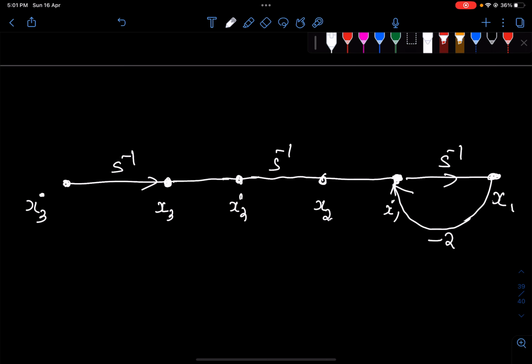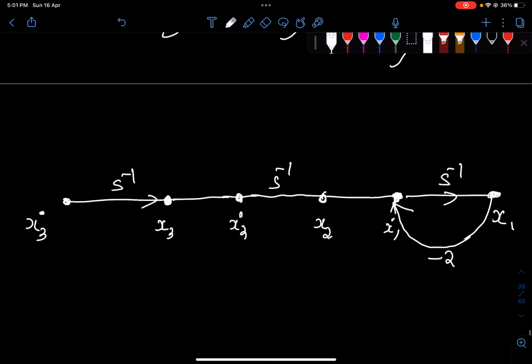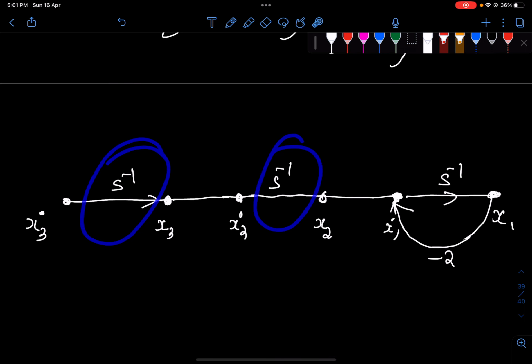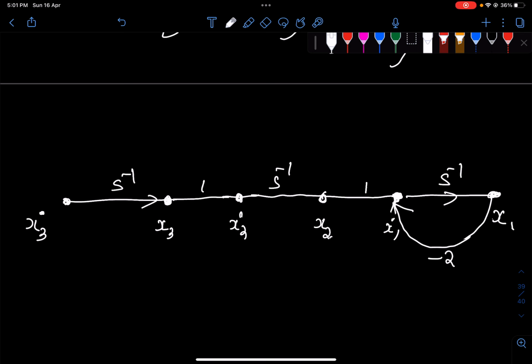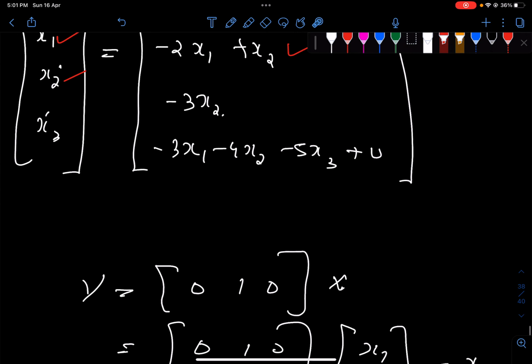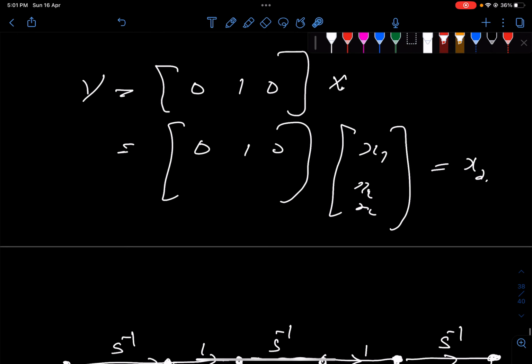You can find out why I do it like this. In between the integrators, I have introduced a path gain of 1. So your x1 dot is okay. You look, x1 dot is equal to minus 2 x1 and 1 times x2. So that's easier, right? Otherwise your brain will get confused. And your x2 dot is minus 3 times x2.